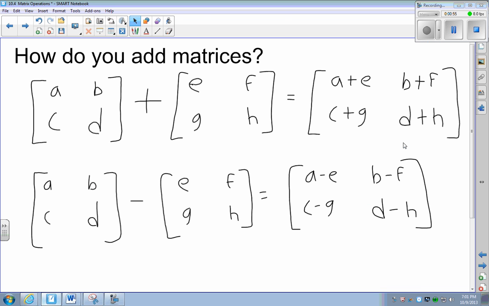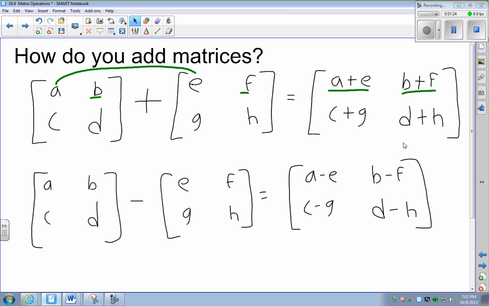Okay, let's first start off with matrix addition. How this works is when you add 2 matrices, you look at your first spot in each, and those 2 combine into the first spot of your new matrix. Now you look at B here and F here, and they add right there.